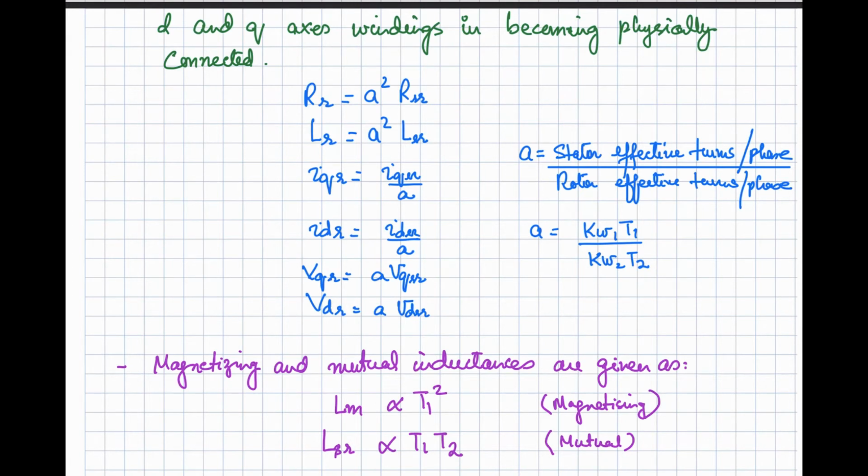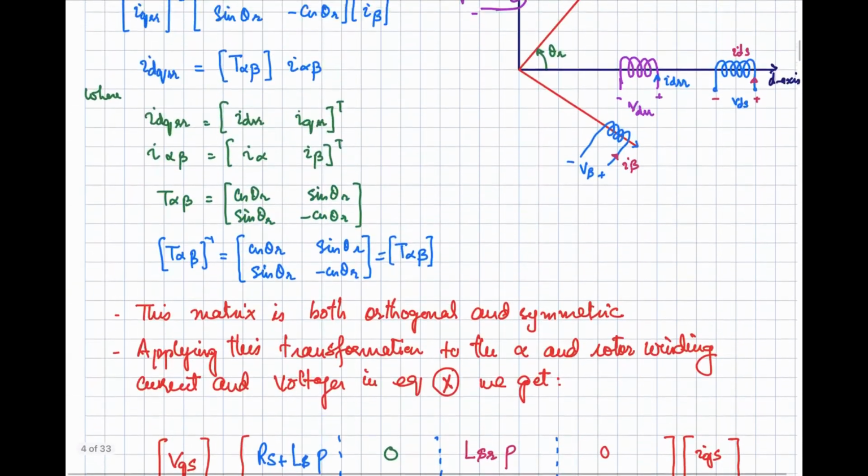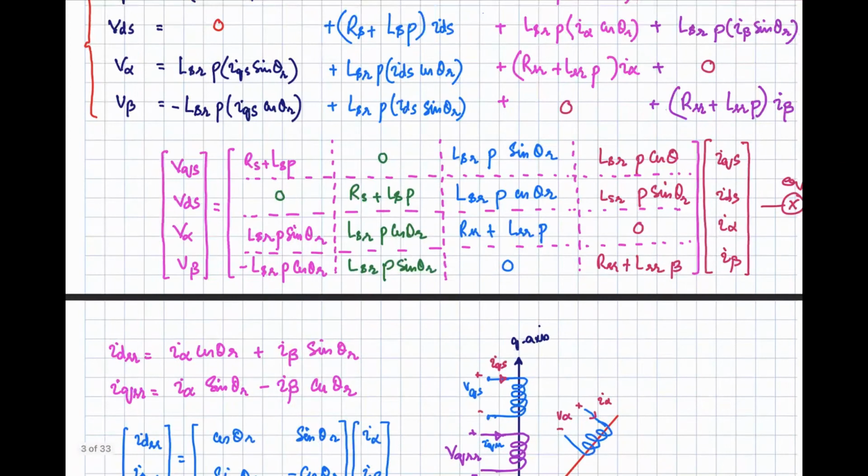A is the stator effective turns per phase divided by the rotor effective turns per phase. So in this equation, over here we are using the rotor inductances, LRR and RRR.